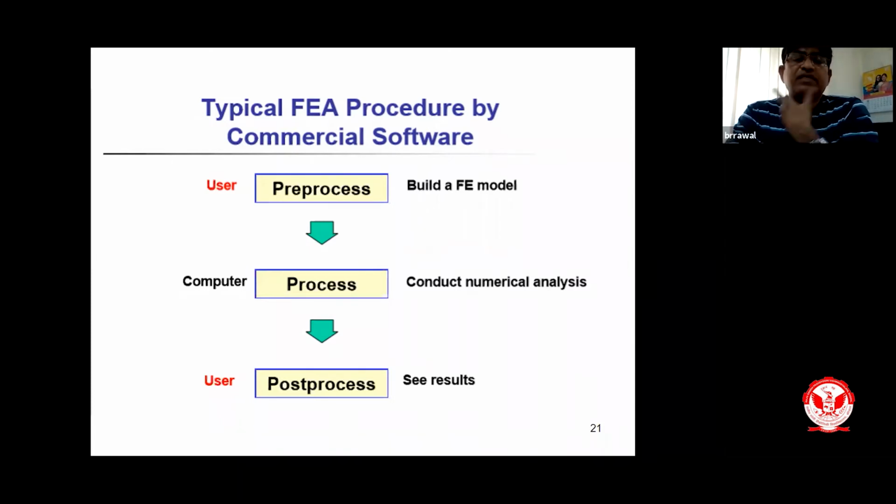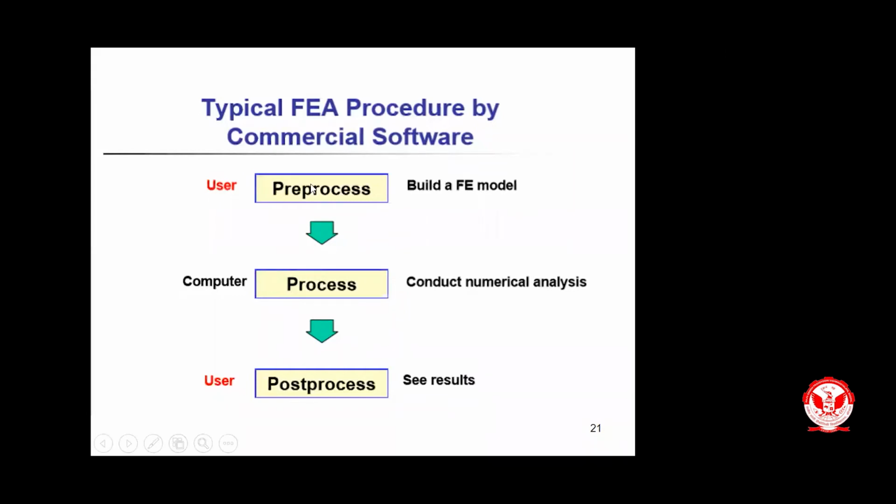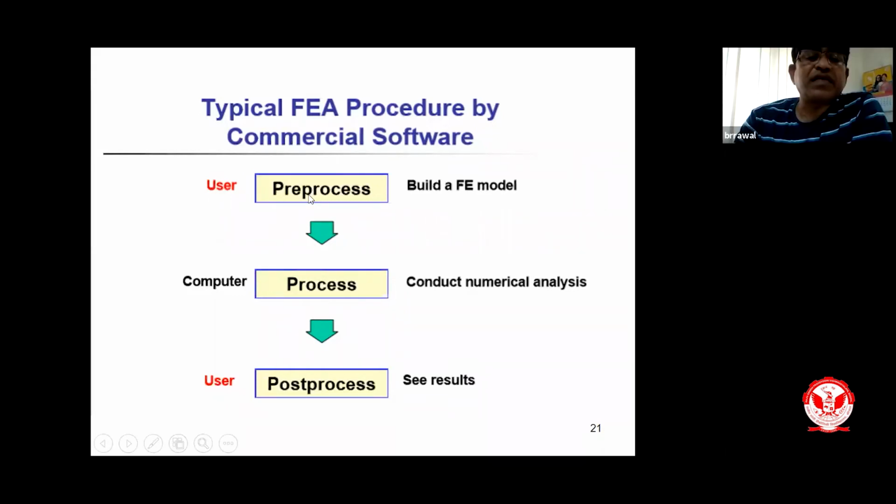Gauss elimination methods are generally used to solve those simultaneous equations. Before solving, there is a step known as pre-processing, where the inputs are given by the user. After solving, the result can be interpreted in a process known as post-processing, where the user again interprets the result.